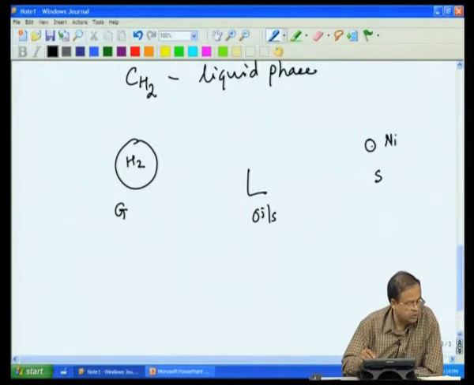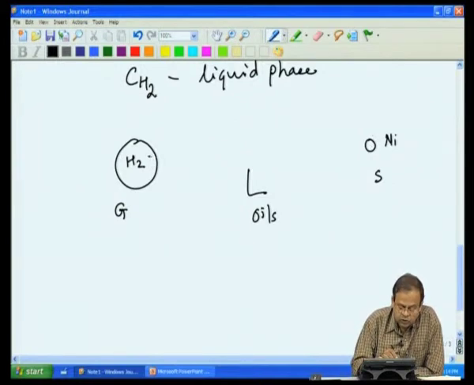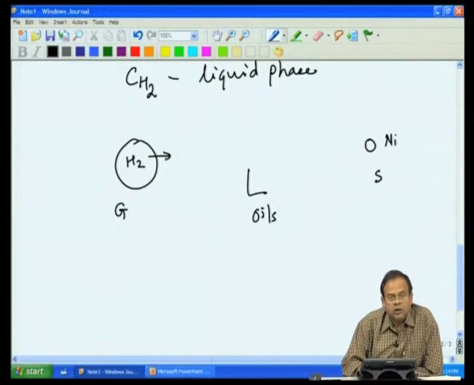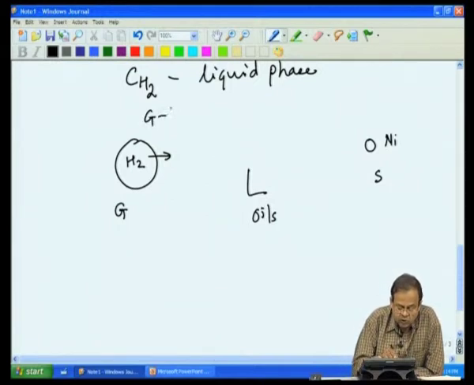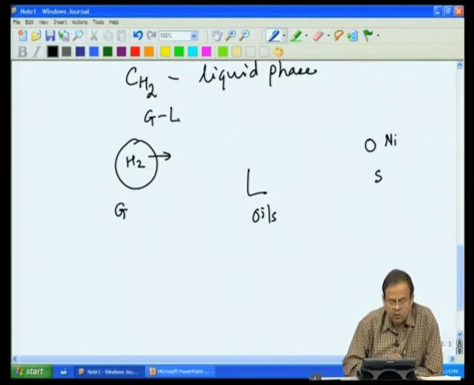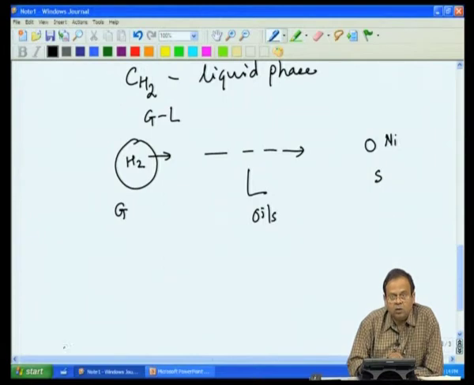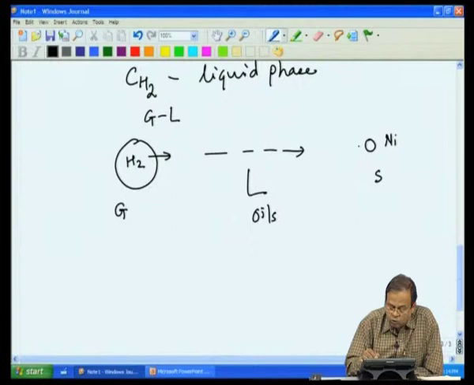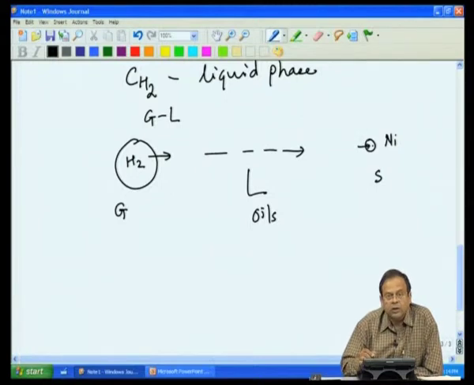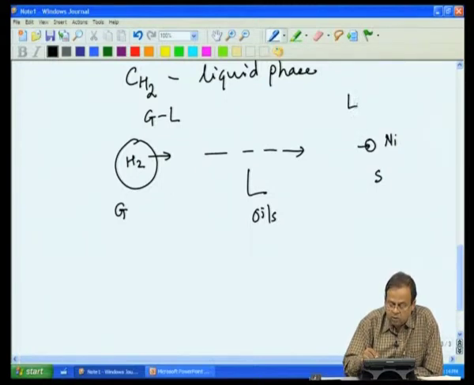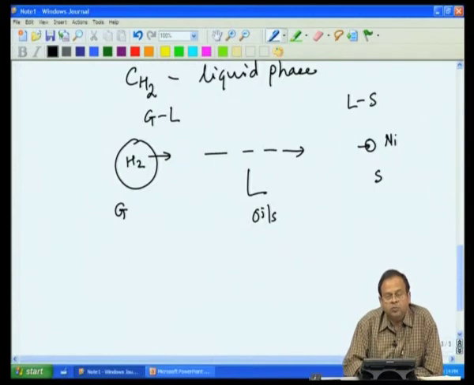In other words, hydrogen has to get transported from the gas phase to the liquid phase. So, gas liquid mass transfer, then in the bulk due to the motion of agitation, then to the catalyst, and then further reaction in presence of the catalyst.